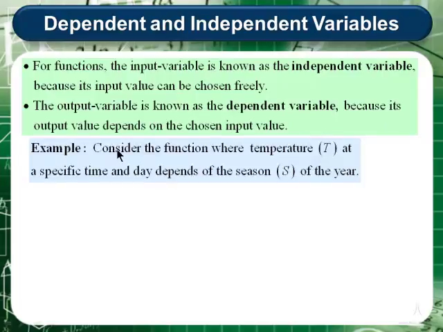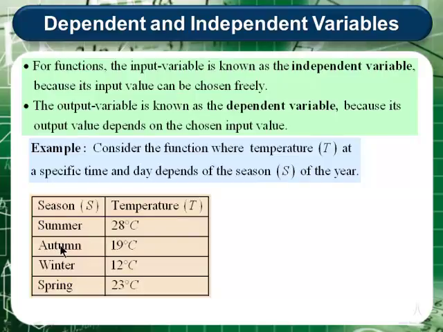For example, consider the function where temperature at a specific time of the day depends on the season S of the year. We can draw a table model where you have in the first column the 4 seasons of the year, and in the second column the temperatures in that particular season at a specific time of the day.